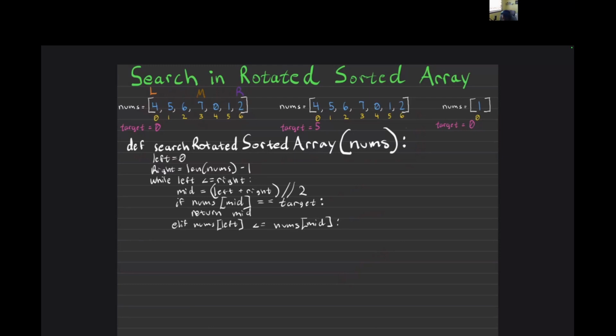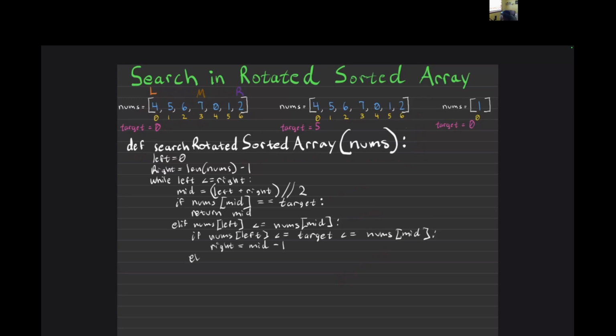So we say if nums[left] is less than or equal to the target, and the target is less than or equal to nums[mid], we know the target has to be this side.